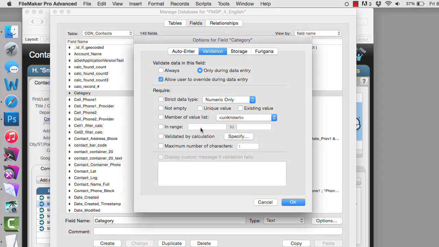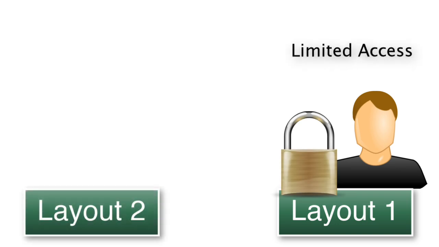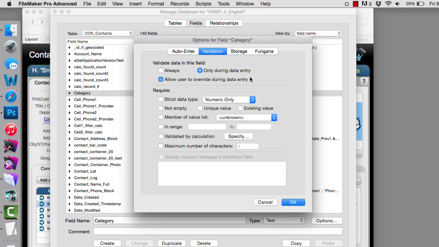Maybe you have a strict validation in a certain section where you have a very low-level user that you have less trust over, and you want to strictly enforce them to do something. But maybe you have a different layout, which is accessed by a more trusted user, or maybe by a system administrator, where you want to give them broader range access to that data. In which case, applying a validation here will be potentially problematic.